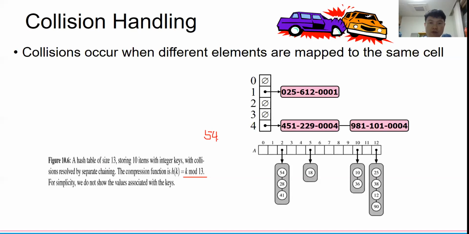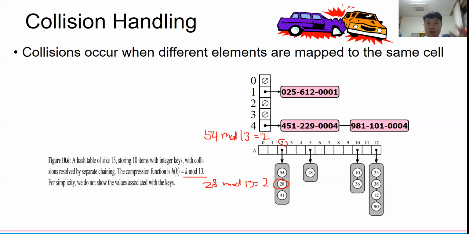The result is 2. Because the result is 2, we put the value 54 into index 2. What about 28? 28 mod 13 is also 2.